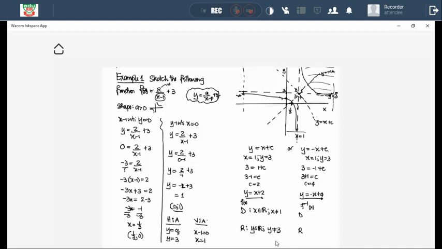Therefore, the domain is x an element of all real numbers, but x should not be equal to 3. That which was the restriction for your range is now the restriction on the domain of f inverse. Similarly, the range is y an element of all real numbers, but y should not be equal to 1. That's how you get the domain and range of the inverse of that drawn function.